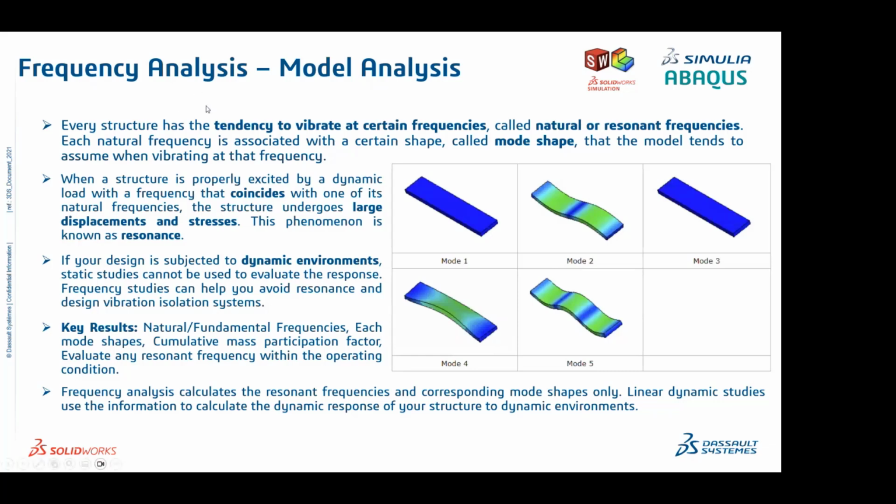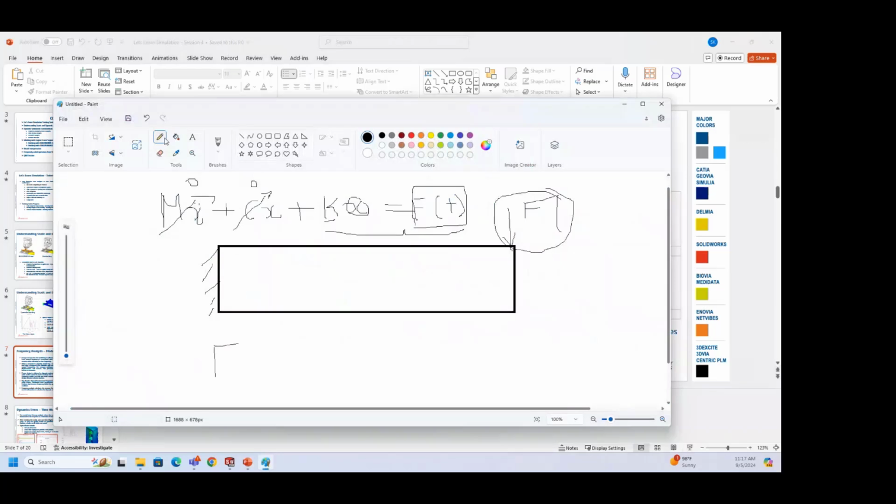So when it comes to frequency analysis, why is it important? Every structure has a tendency to vibrate at its own frequency, called the natural or resonant frequency, right? Each natural frequency will have its own shape. The formula is: natural frequency is equal to 1 by 2 pi times the square root of k by m.